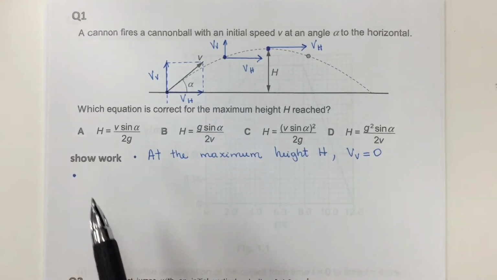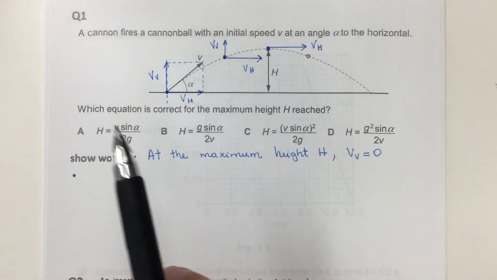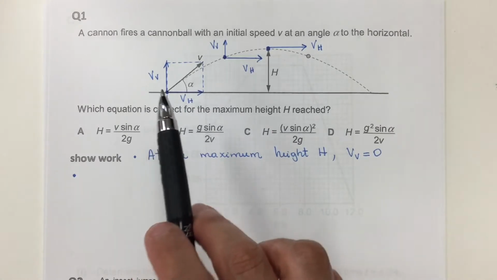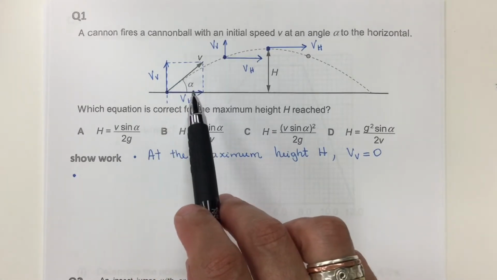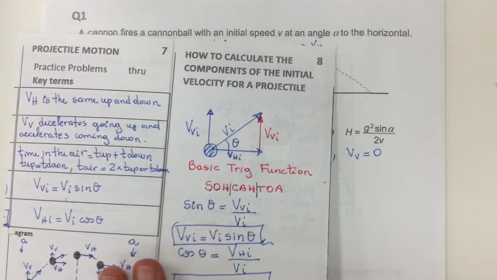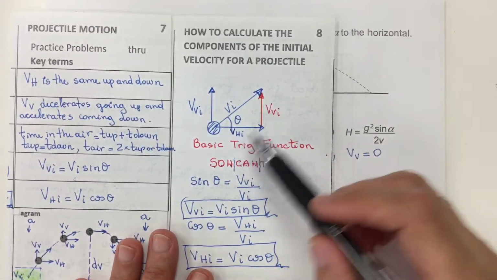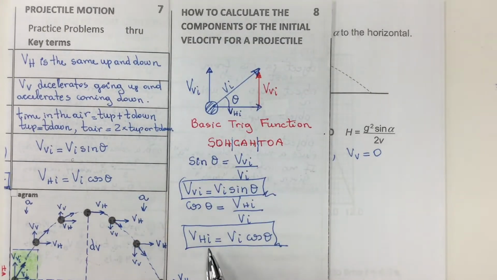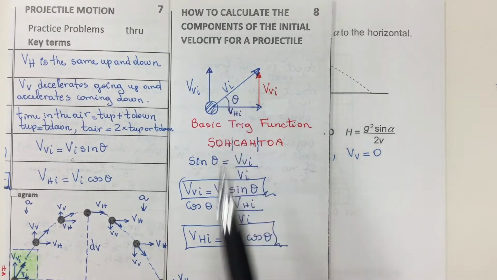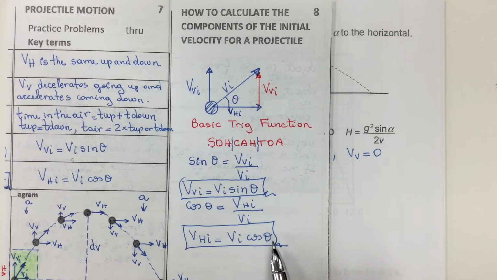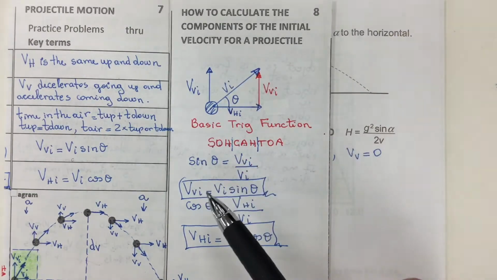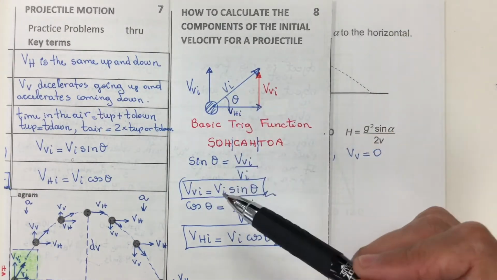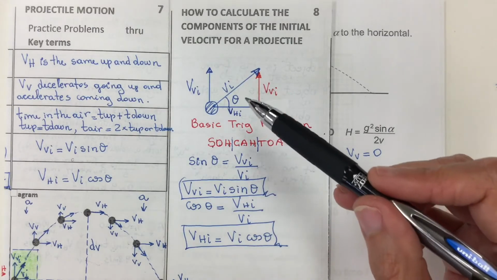My second bullet here is how to write the components in terms of this angle. From your notes, the horizontal component is the initial velocity times cosine of this angle, and the vertical component is the initial velocity times the sine of this angle.